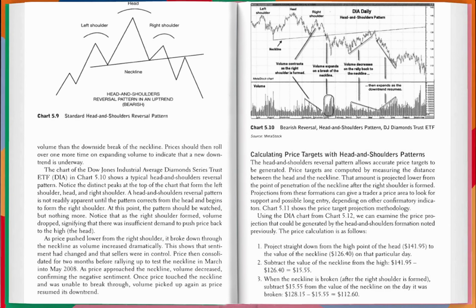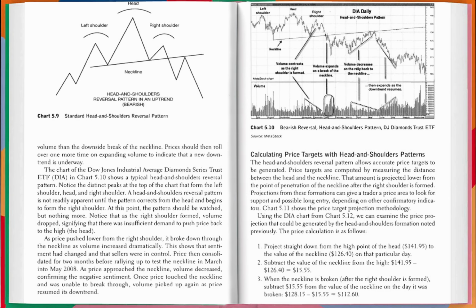Subtract the value of the neckline from the high: $141.95 minus $126.40 equals $15.55. 3. When the neckline is broken, after the right shoulder is formed, subtract $15.55 from the value of the neckline on the day it was broken.